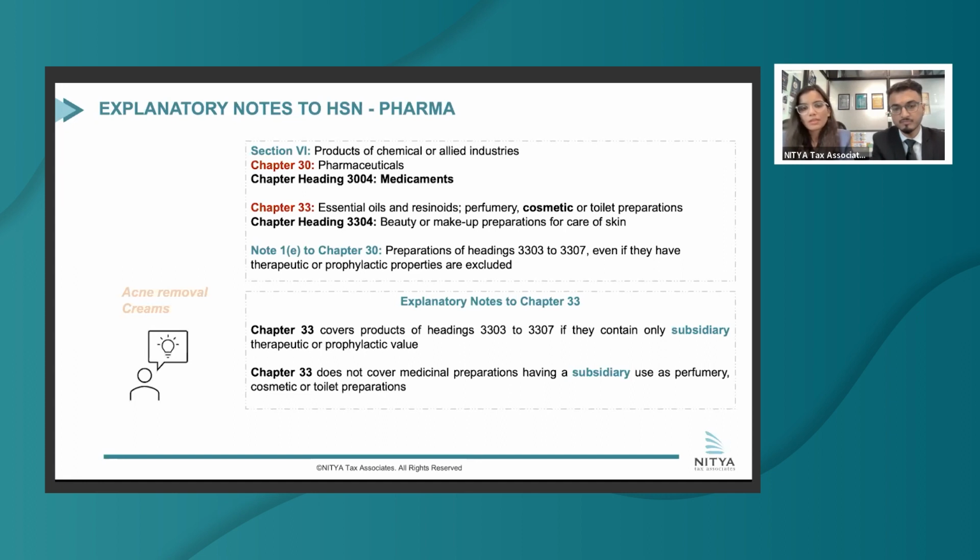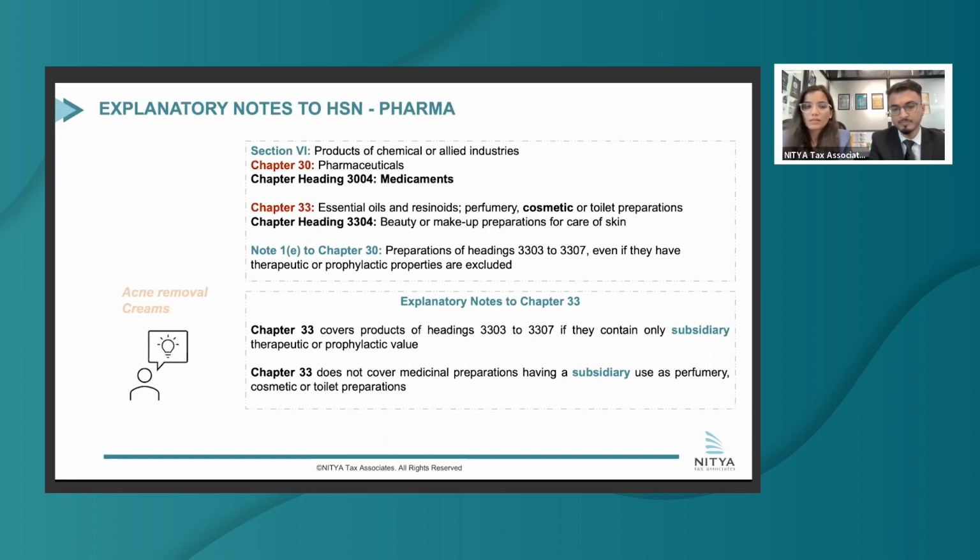But if we go to the explanatory notes, they say that only if the therapeutic function is subsidiary, say only 10%, will it remain classified under cosmetics. If the therapeutic property is the major element or the primary function, then even if it's a skincare product, it will be classified as a medicament.